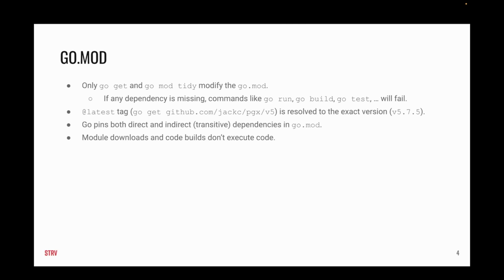So whenever you download dependencies or build your code, you don't have to worry about running malicious code on your device. And if you don't use code in your repository or in your software, you don't have to worry about it. It has absolutely no effect on security. Even if your module has multiple packages and you use only one of them, that is the one you should care about. The others are irrelevant.